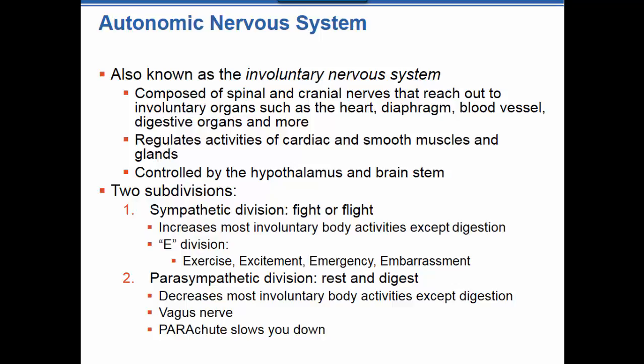Okay? It will decrease digestive system activity. Because if you think about it, when you're in an emergency situation, that's a bad time to digest the double cheeseburger in your stomach. So we're going to turn off the digestive system, but turn up almost all other body systems with the sympathetic response.